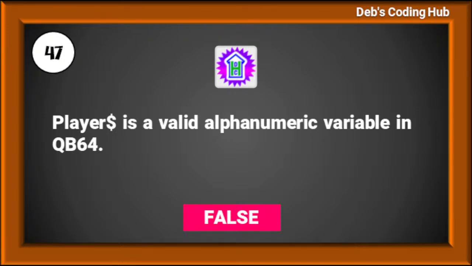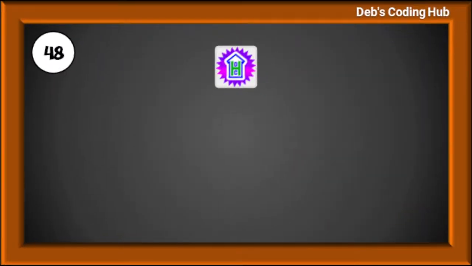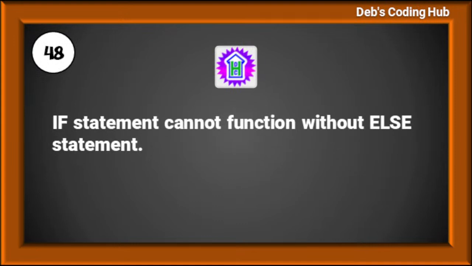It is a mistake. So 47, it should be true. Question 48. If statement cannot function without else statement. It is false. It can work. I can write if, then and if.